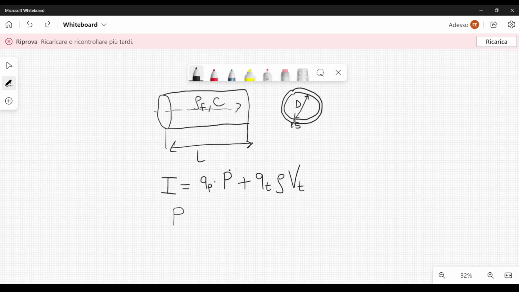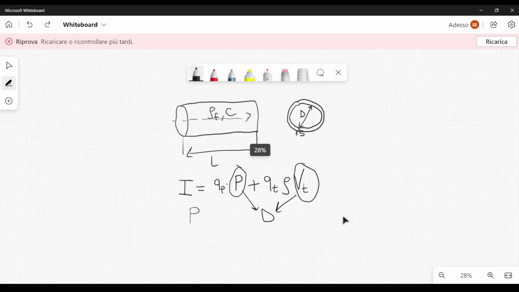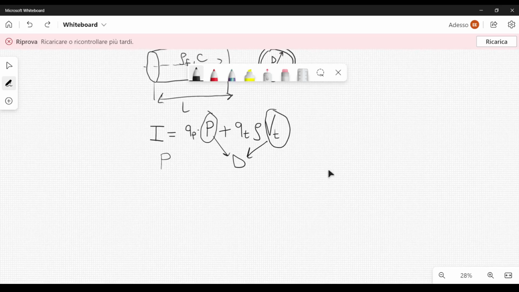Then we need to express this term, the power, and also this volume of the pipe in terms of the diameter D of our pipe itself. We'll assume that these coefficients here are constants with respect to the diameter, and all the other parameters are fixed.